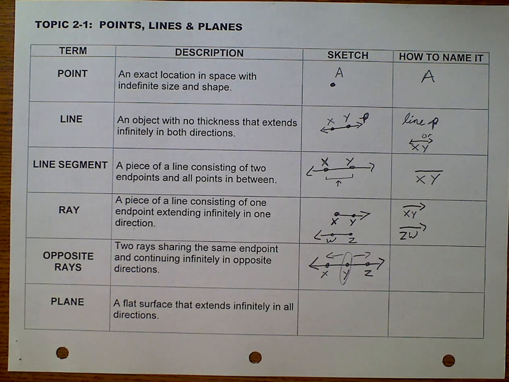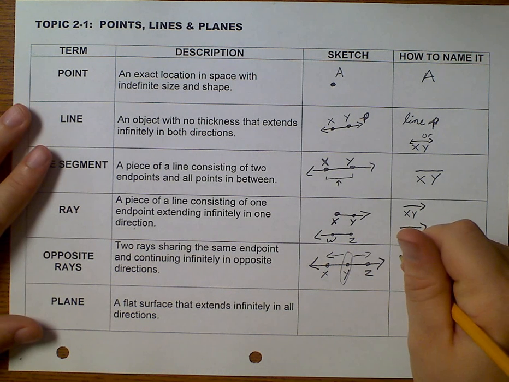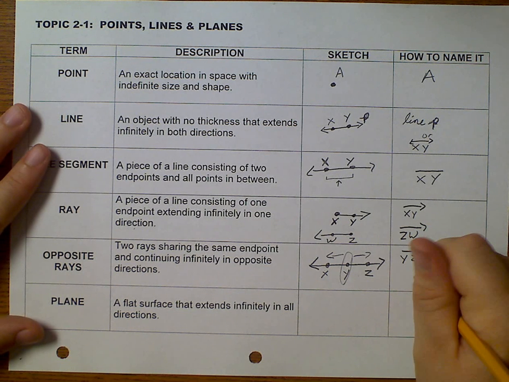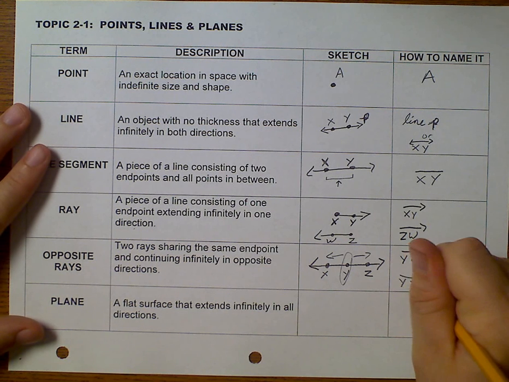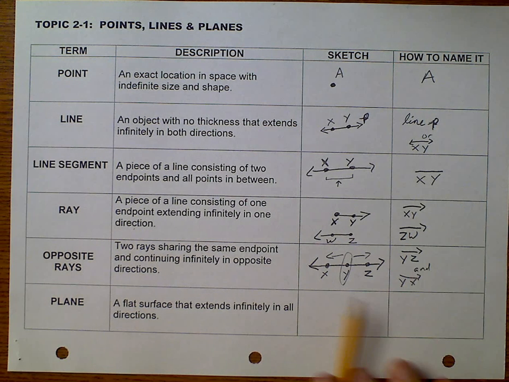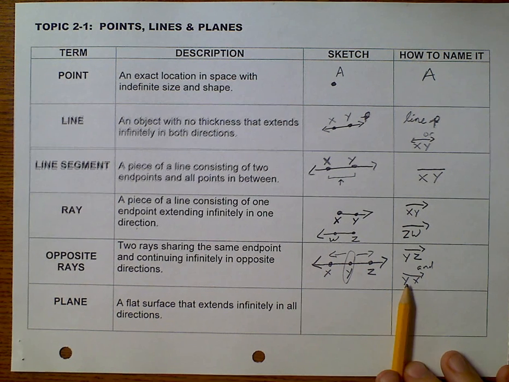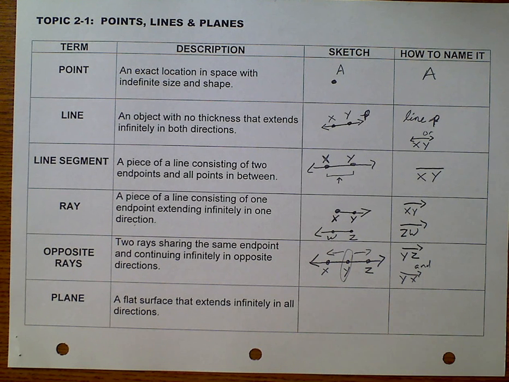So we would say YZ and YX. Notice, Y is the endpoint, so Y is always the first letter. It's important when you're talking about rays that your endpoint always goes first.